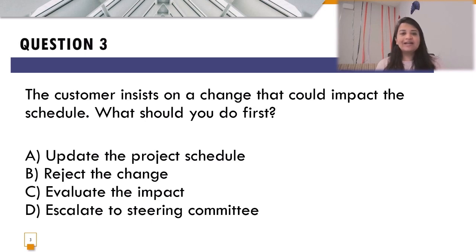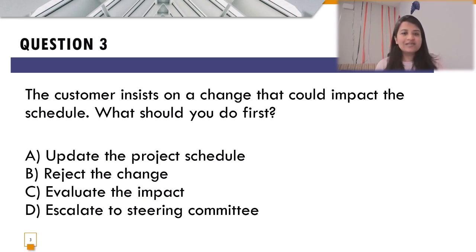Understand that whenever any person, maybe the stakeholder, the customer, or any client who is a part of this project, requests a change, the very first action that a project manager certified by PMI should take is to evaluate the impact of that change. Without analyzing the impact, you would not be able to take the necessary steps ahead for reaching the finish line for this particular sprint.